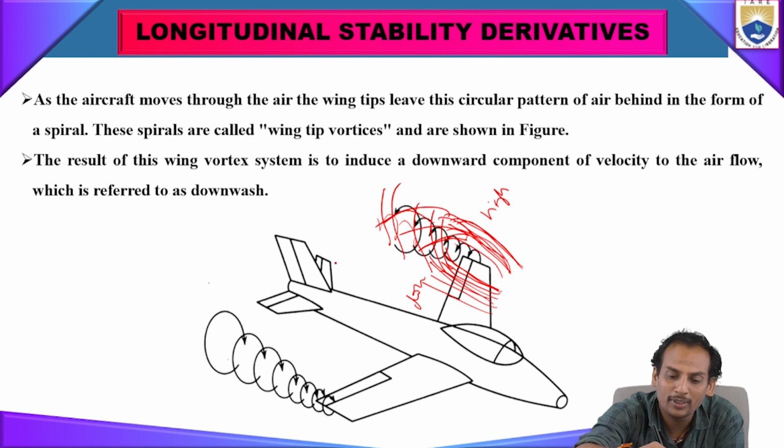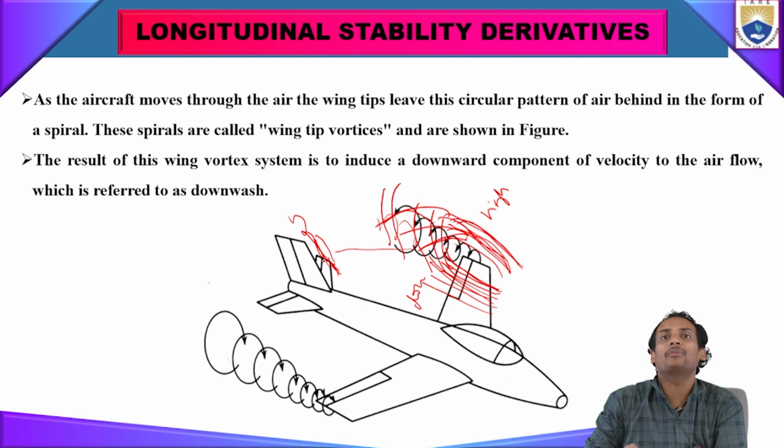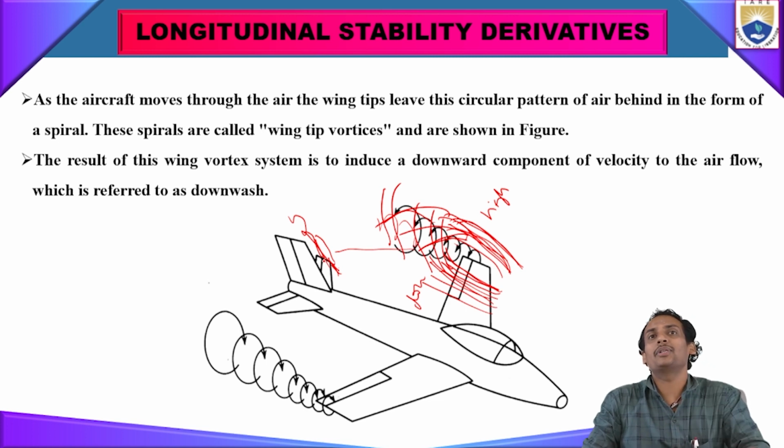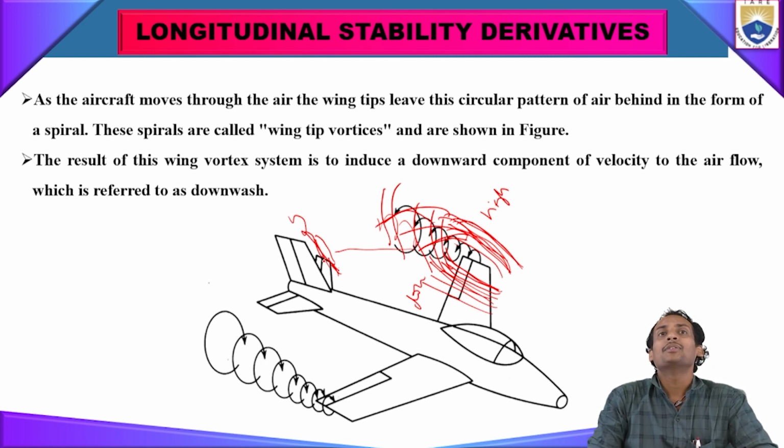So these wingtip vortices will continue up to this horizontal stabilizer also. Due to this, a high flow will happen downward. That flow is called a downwash. When the aircraft moves through the air, the wingtips leave a circulation pattern behind in the form of a spiral.